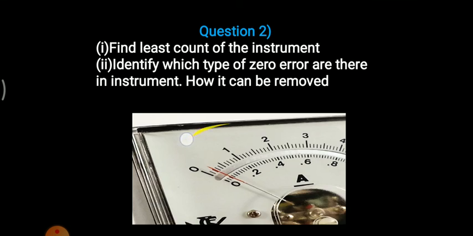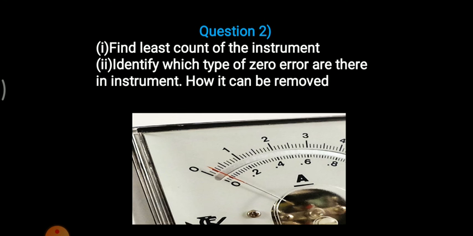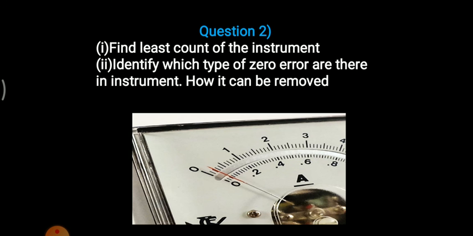Here also you have to find the least count of this ammeter and identify what the error in this instrument is. The needle is pointing towards a certain direction, so you have to find out what that error is and how it can be removed.